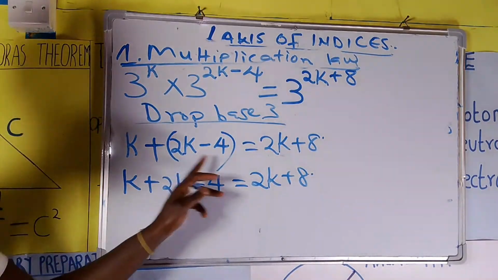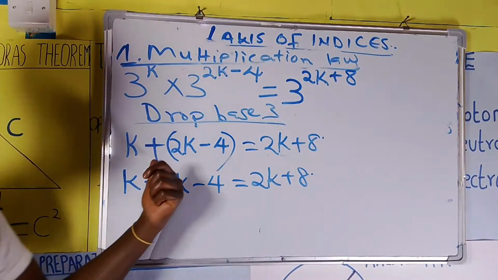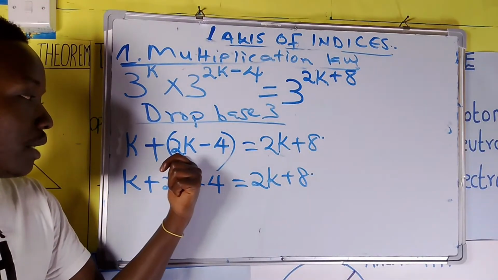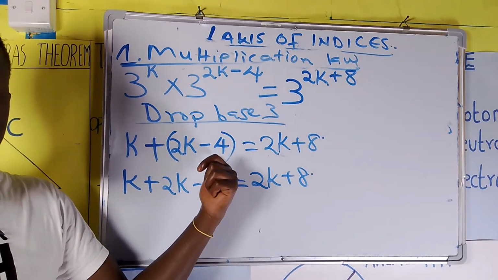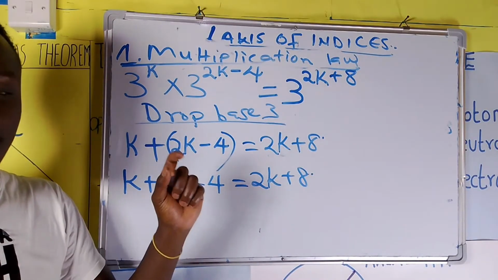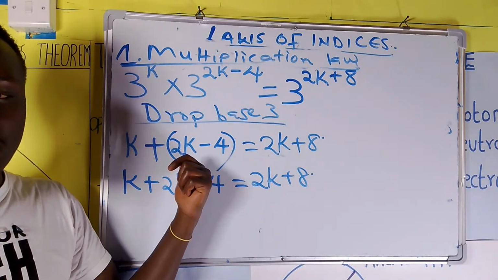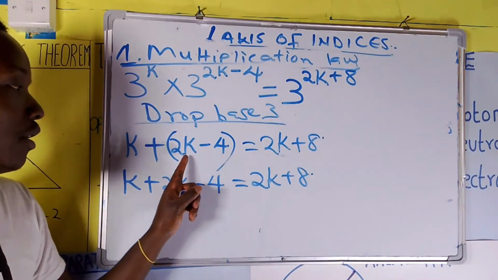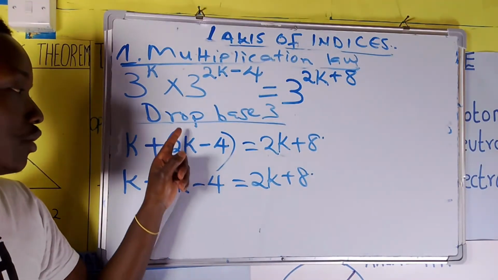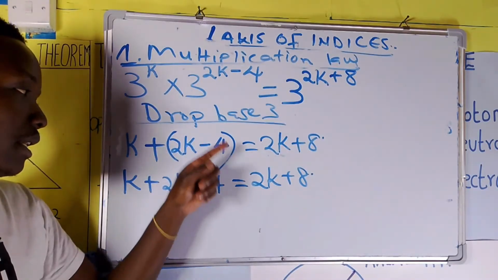The reason I'm putting a bracket here, I prefer putting a bracket because, for instance, if we have a minus and you don't put a bracket, you only subtract one value and you don't subtract this, so you end up getting it wrong. Every time you are adding or subtracting a compound number, a number that is made up of more than one variable, ensure that you either add in a bracket or subtract in a bracket.